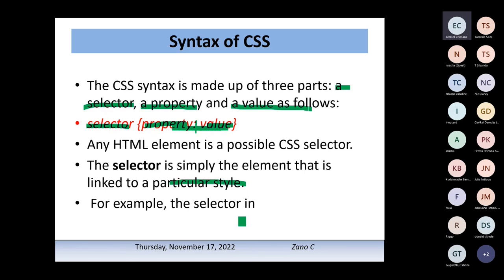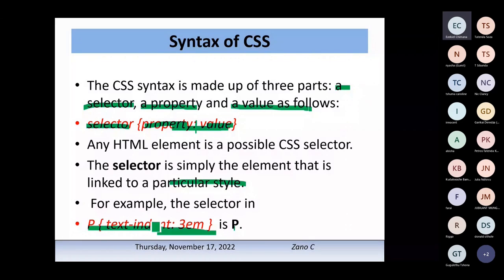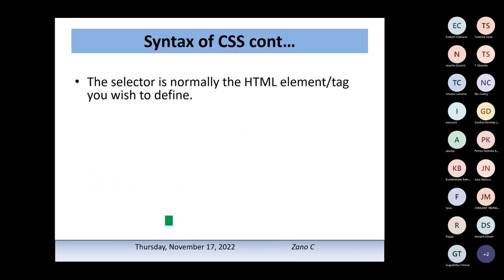For example, the selector in this line of code is P, and P is our paragraph. And then text-indent will be 3 em. So all paragraphs in our document will be affected by this CSS property.